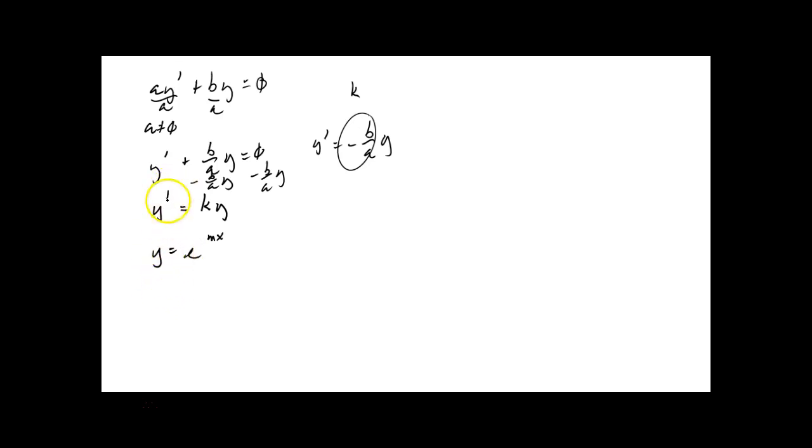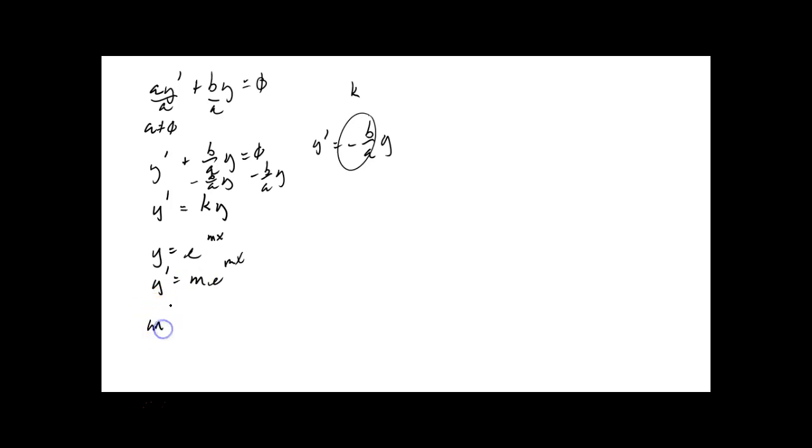If that's true, y' would then be what? y' equals m e to the mx. And y double prime would be m squared e to the mx, but you don't have a y double prime here. Hang on to that thought. We'll be coming to that.